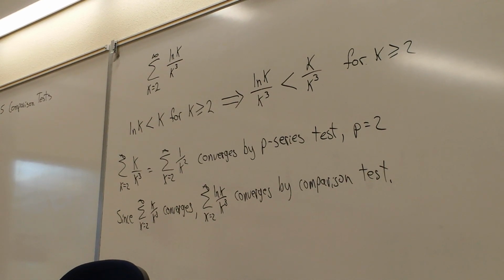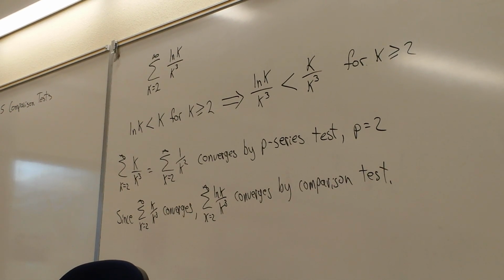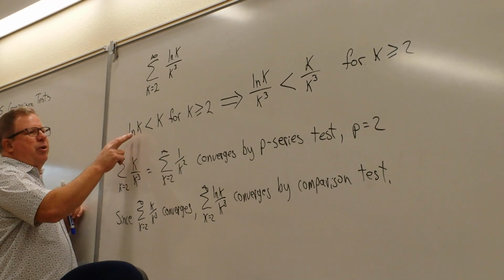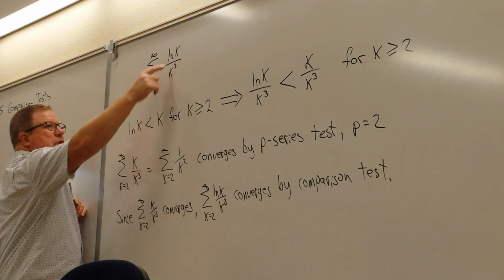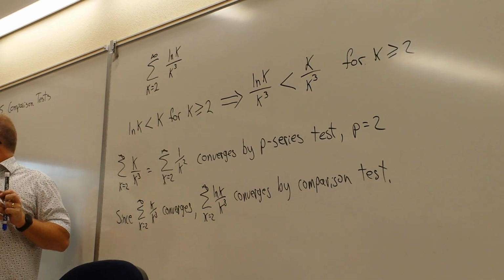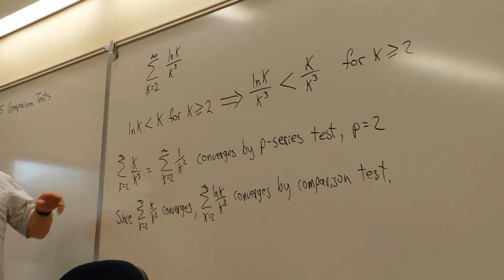How did you get the k divided by k squared? So because we know ln k is less than k, I replaced ln k with k.